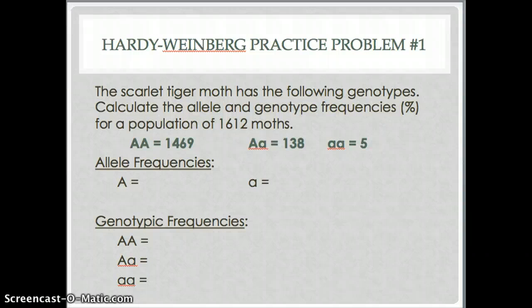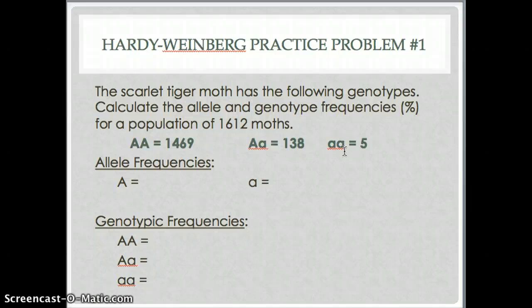Okay, now let's do an example question. I know I gave you two, but let me do one and we'll do more in class as well. The scarlet tiger moth has the following genotypes, and we need to calculate the allele and genotype frequency percentage for a population of 1,612 moths. The AA frequency, the big A small a frequency, and the small a small a frequency are given to us.